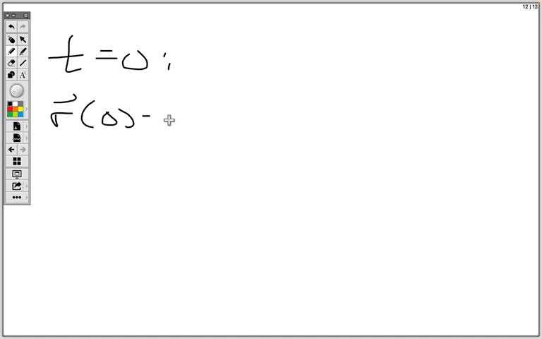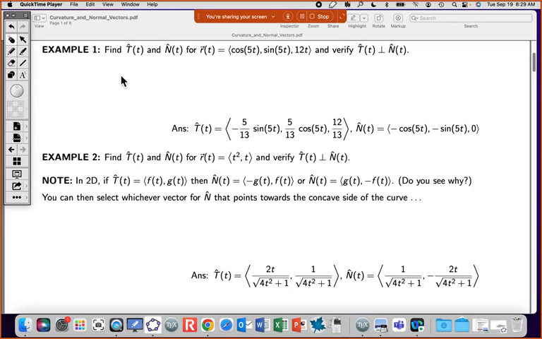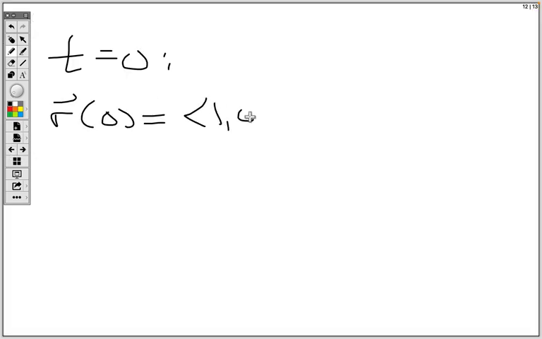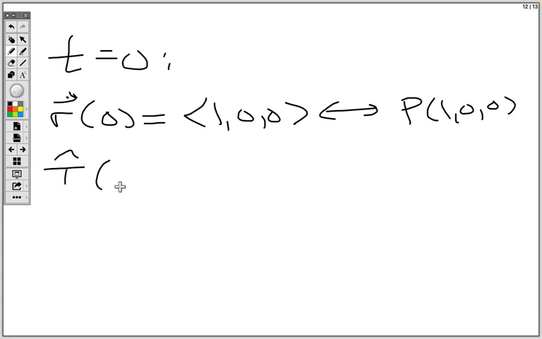So let's look at r of 0. So there's r of t. If I plug in r of 0, I get cosine of 0, sine of 0, times 12 times 0. So I'm going to get the vector 1, 0, 0, which corresponds to the point 1, 0, 0. Because once again, when we graph position functions, we assume that the initial point's at the origin. And then we'll fire up t hat of 0. That's the direction it's going.